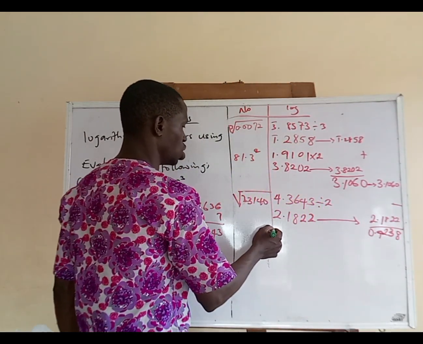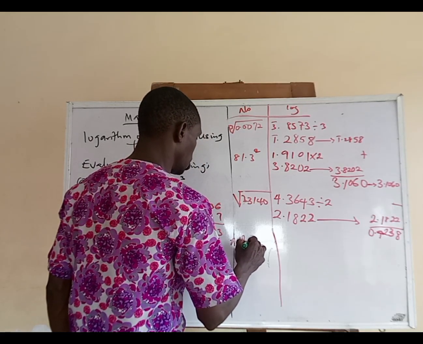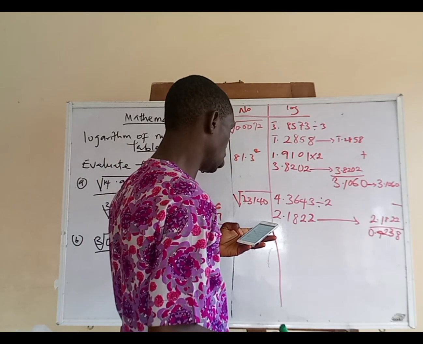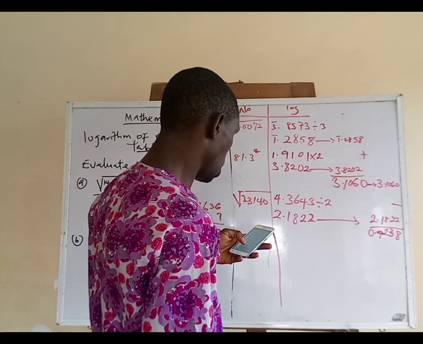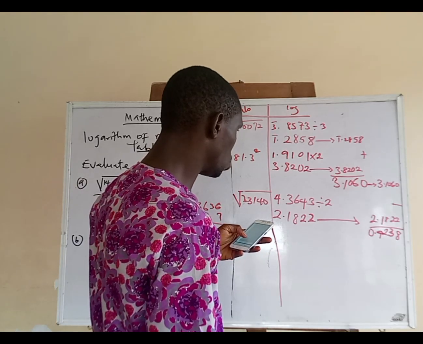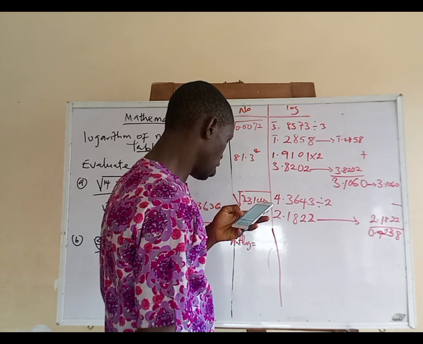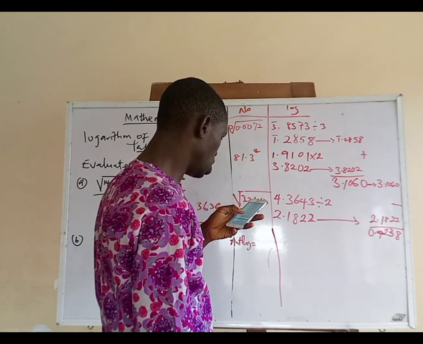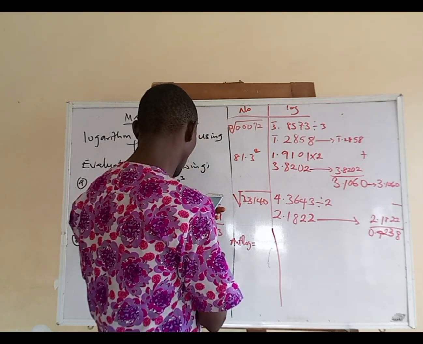Then after that, we check the antilog, and you get your final answer. Antilog is what? You check antilog 92 under 3, difference 5. 92 under 3, that's 80, 375.